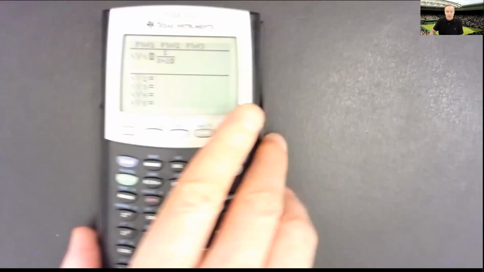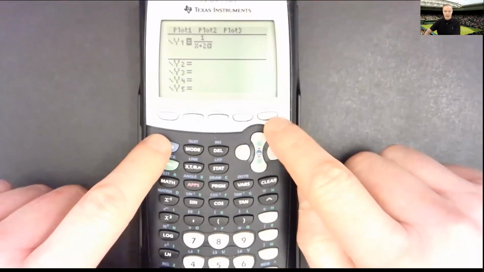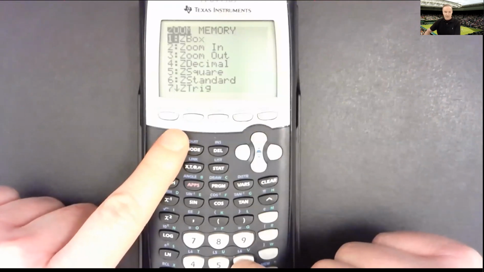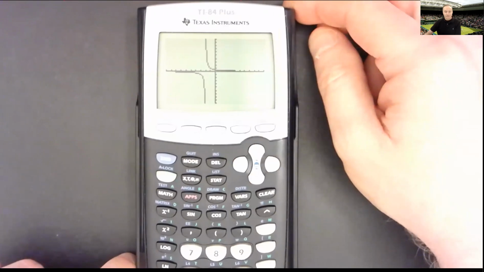So I can say, well, all right, and guys, I'm sorry, this glare, it's not great on the screen, but I think you can still see it. Let's go zoom 6. That'll be good enough. It's not going to be a great picture of it, but it's adequate.